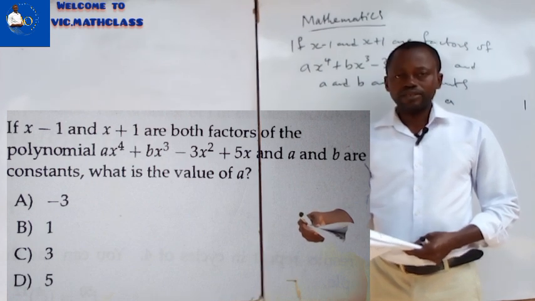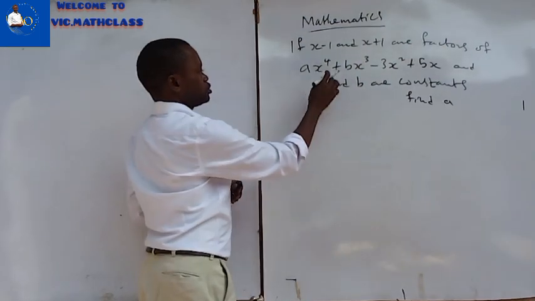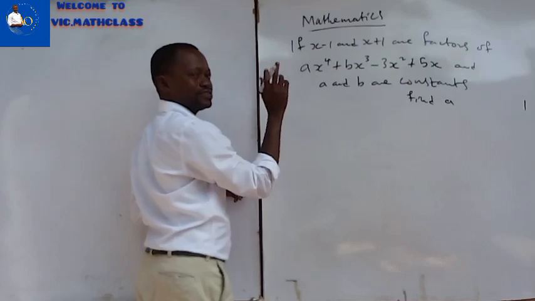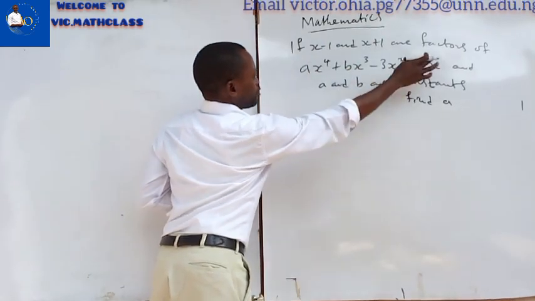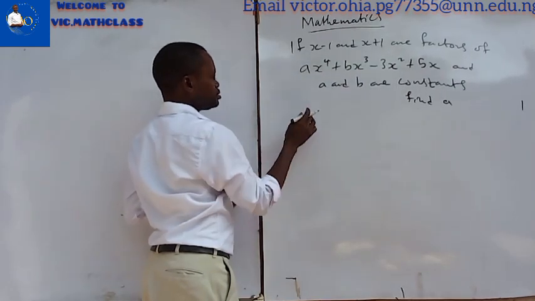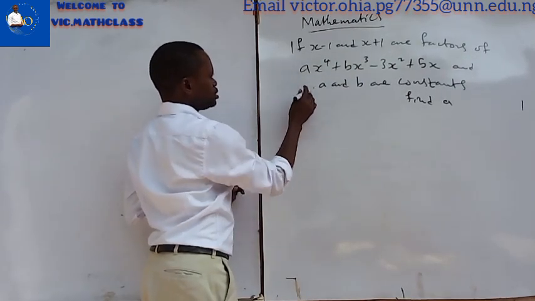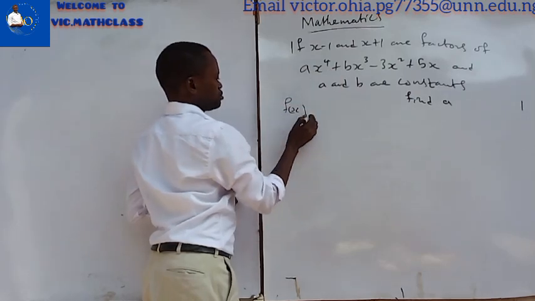So if you look at this question, let's think of how we can handle it. Do you realize that if x minus 1 and x plus 1 are factors of this expression, let this expression be f of x?